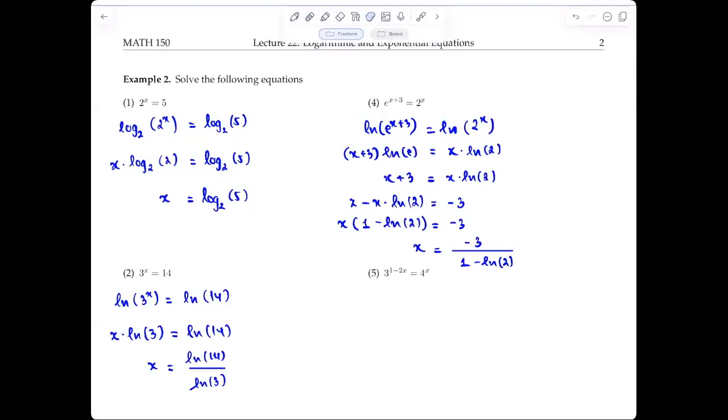Some data set uses the function e to the x plus 3, and some data set will use the function 2 to the x. These two curves will eventually maybe intersect one another, and when they intersect at one point, they are equal. By solving this equation, you arrive at the x location of that point. So it means something in a way.